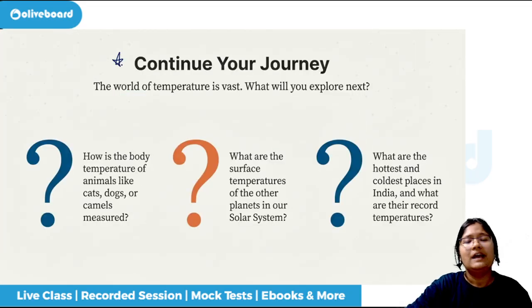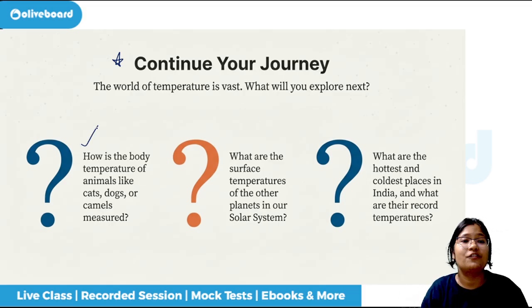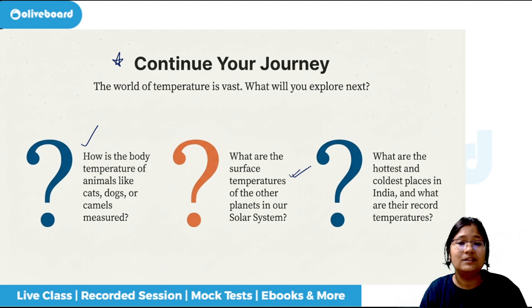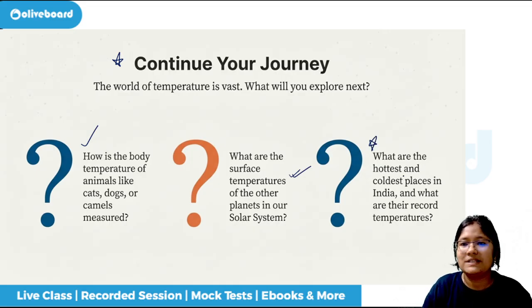Continuing our journey, I'm going to leave you with a few questions. How is the body temperature of animals like dogs, cats, or camels measured? What are the surface temperatures of the other planets in our solar system? We do study that when we are studying geography, right? What are the hottest and coldest places in India and what are their record temperatures?